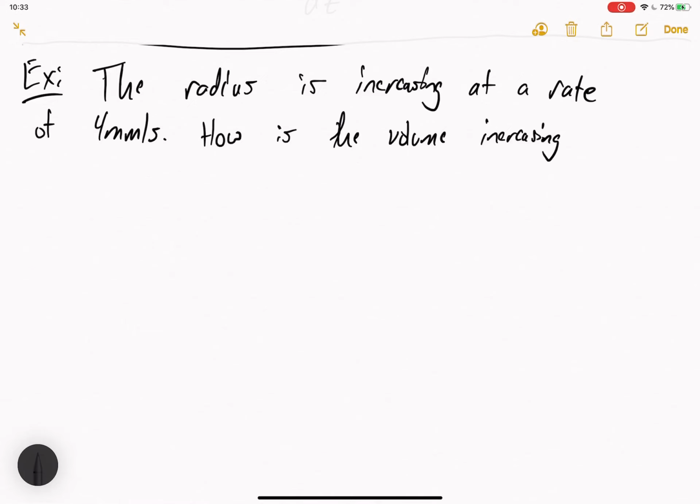And the thing is, volume is also dependent on the radius, so we also have to specify what value of the radius we want to know. So that's our question: how is the volume increasing when the radius is 40 millimeters?